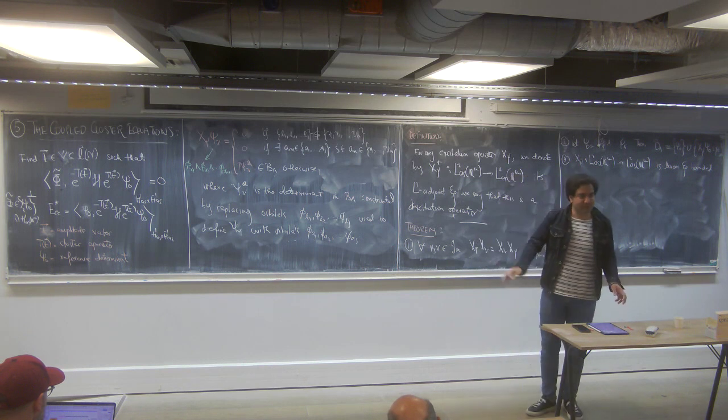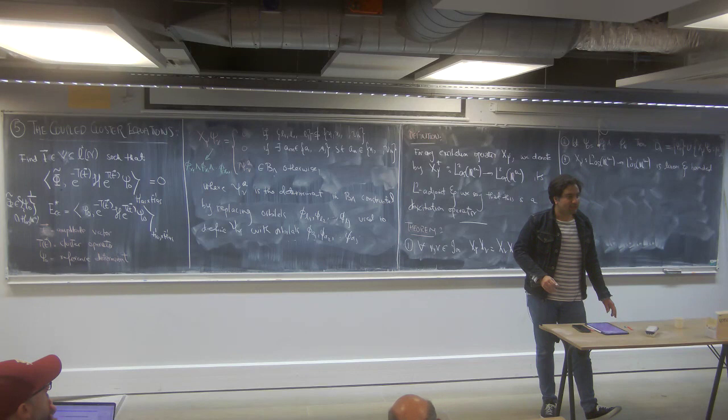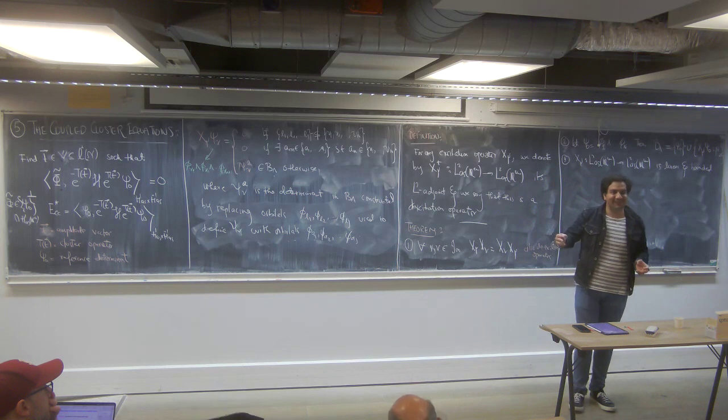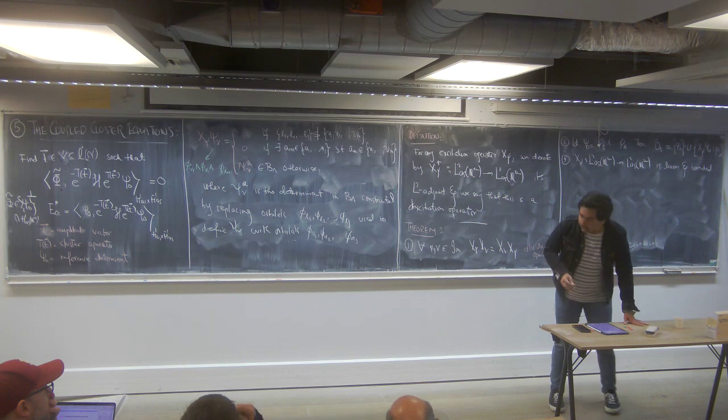I don't know if this was clear from the definition, but you can show without too much trouble that each one of these excitation operators as a mapping from L2 to L2 is bounded. The reason for this basically is that they maintain, in some sense, orthogonality. They map Slater determinants to Slater determinants, and all Slater determinants are L2 orthonormal. So that helps us.